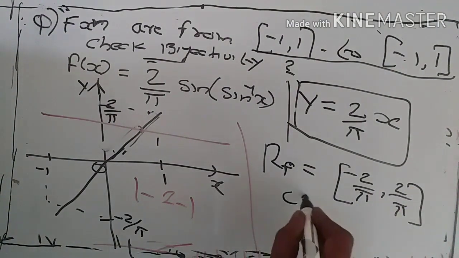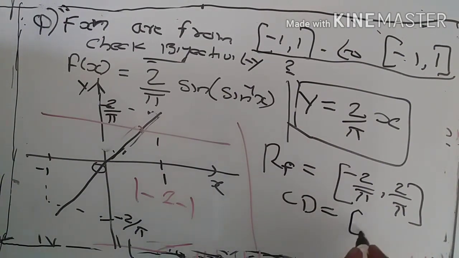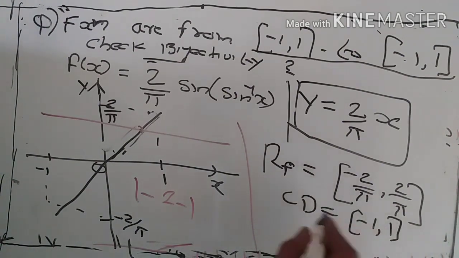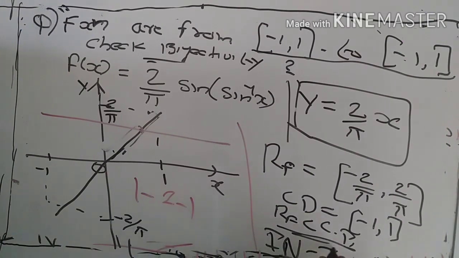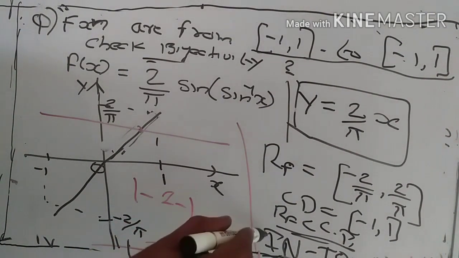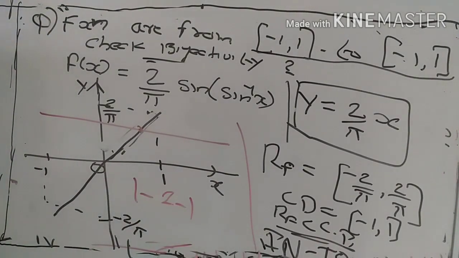But the codomain is minus 1 to 1. Range is less than codomain, so the function is an into function. So this is not bijective, or not invertible.